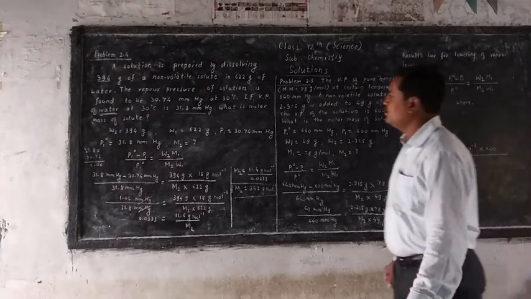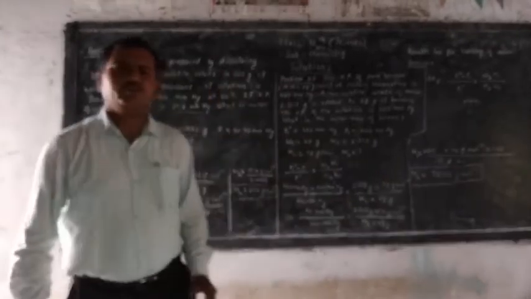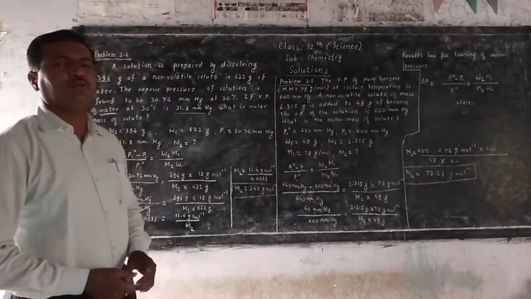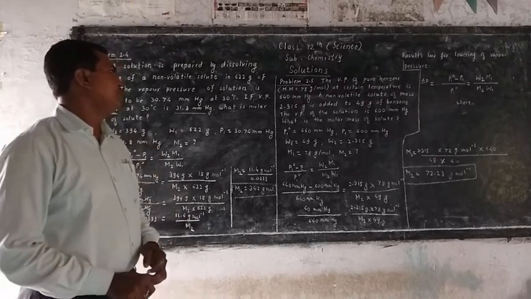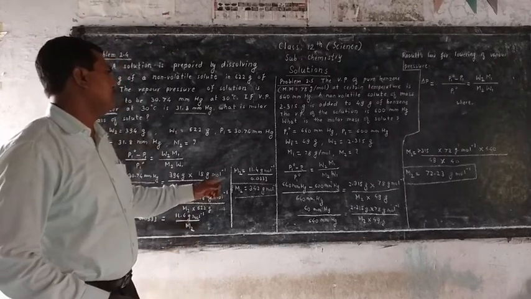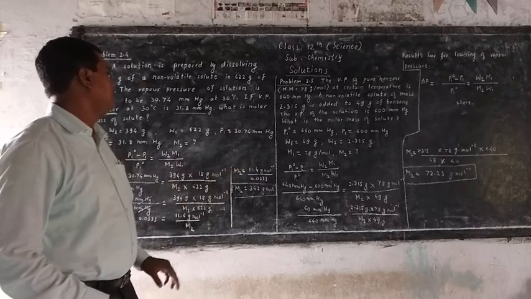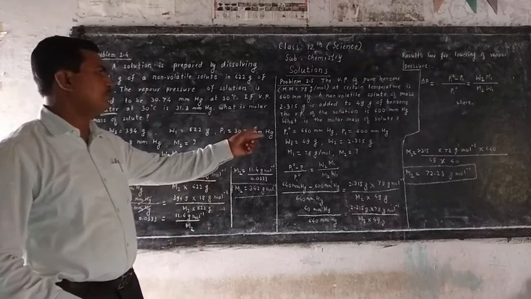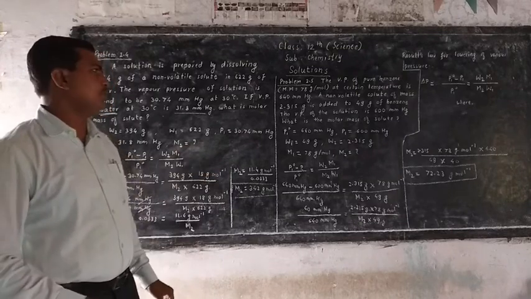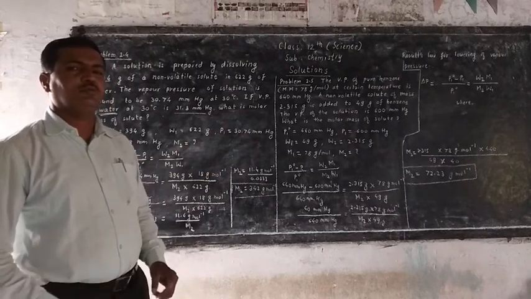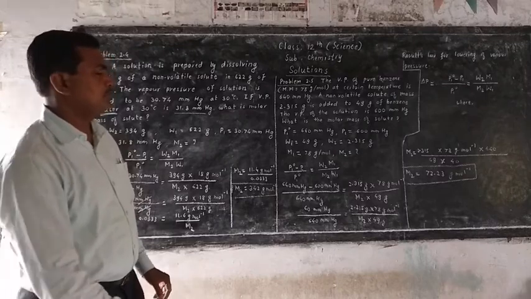So understand, in this way we can find out the molar mass of a non-volatile solute by using Raoult's law. These are very important problems. We can directly find out M2 by substituting these values in that formula. Okay, thank you.